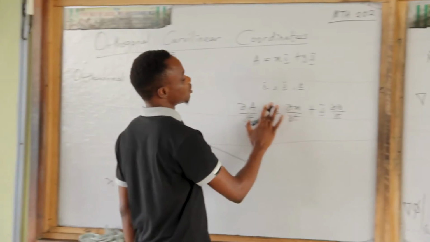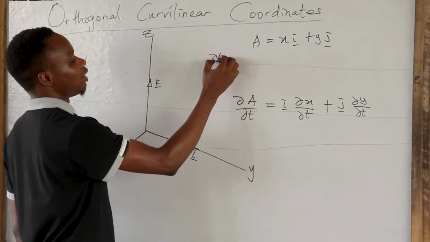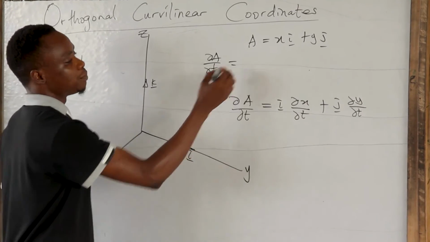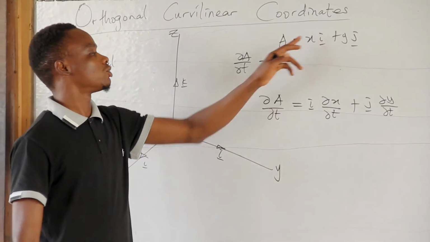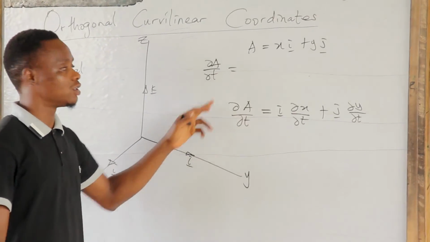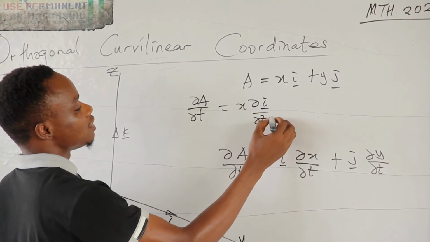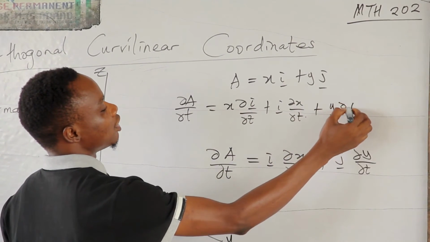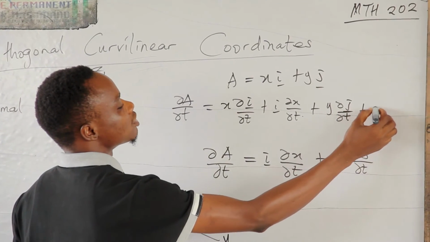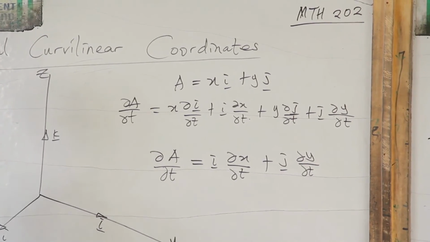Generally, if I'm dealing with something like this and I want to get the derivative, I should use the product rule. That means if x were dependent on t and i were also dependent on t, that is, if i was not a constant, I should use the product rule and say this is equal to x di/dt plus i dx/dt plus y dj/dt plus j dy/dt.